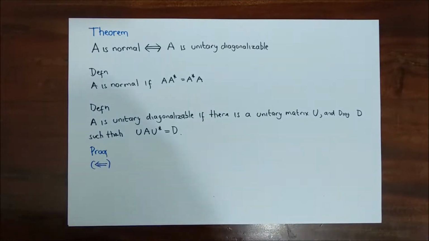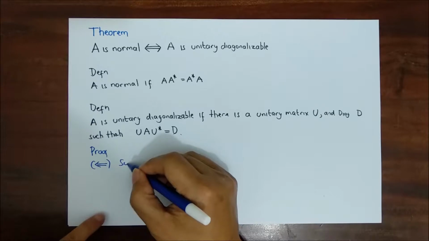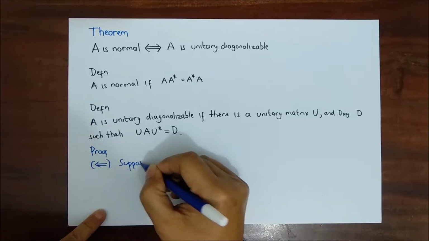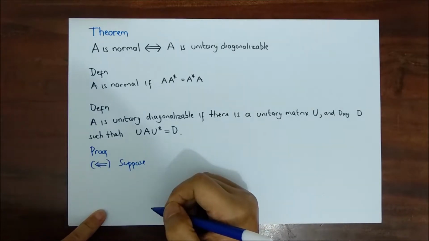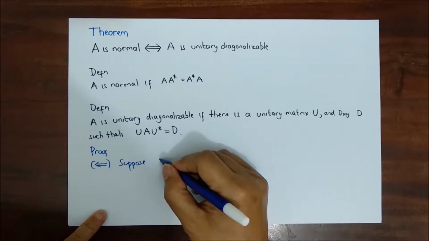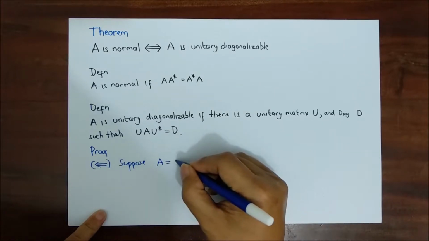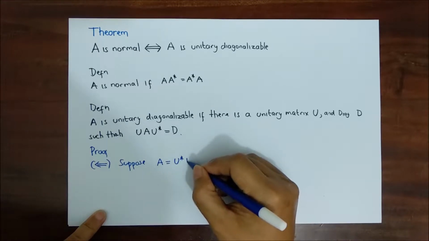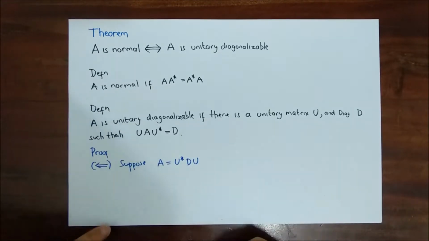Suppose that A is unitary diagonalizable. So it means that A can be written as U star D times U.